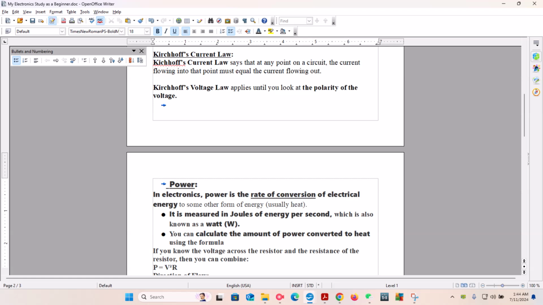The joule is the unit of energy, the rate is the second, and the watt is the measurement of the power. So power equals energy in joules divided by time in seconds, which equals watts. That will give you your power.